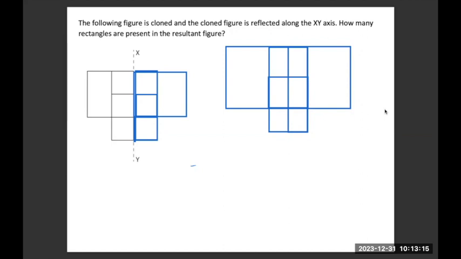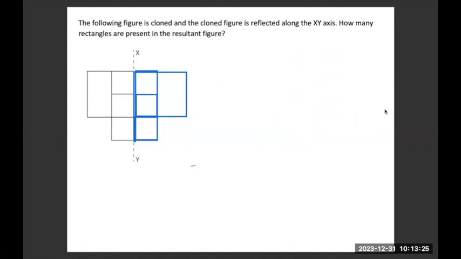Please note, in this case, you will also be required to count the squares, okay? Even counting the squares is necessary in this question because a square can be termed as a rectangle, but vice versa is not true.